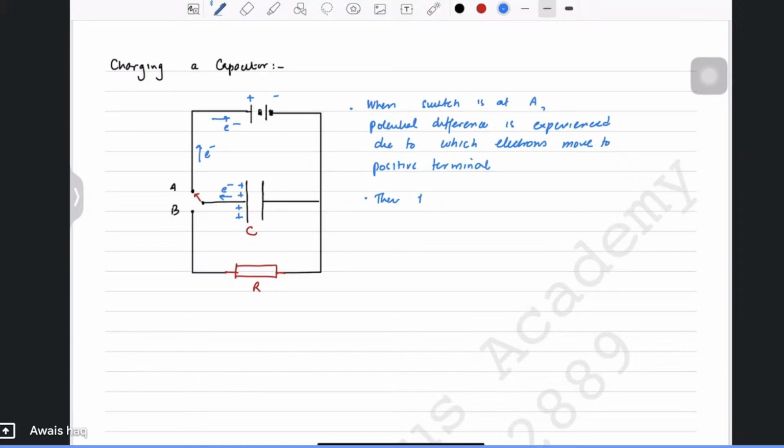Then the negative terminal of the supply provides electrons to the other plate, which means now electrons from the negative, because there is a potential difference created, they need to fill it up, they start to gather on this side. All right, so this is how charging is taking place.